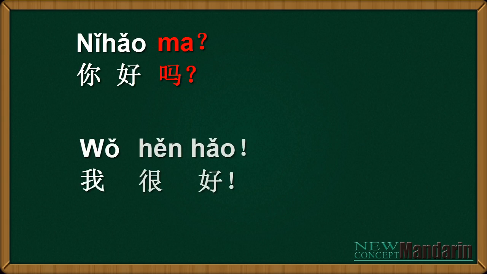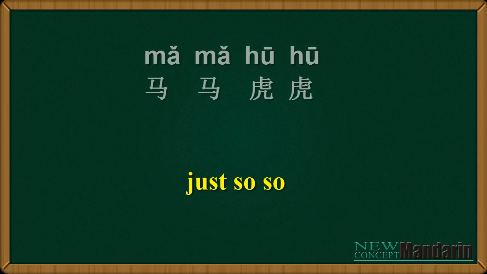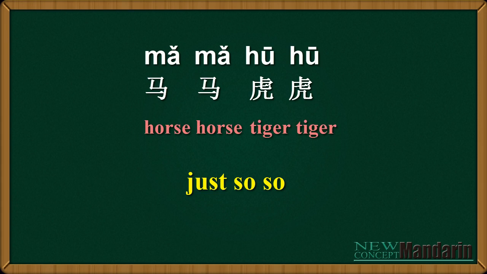For the question 你好吗, you can respond 我很好 or 不好. Can we have the third choice, just so-so? Yes, of course. Actually, this is one of our students' favorite phrases, 马马虎虎. Literally, it means horse, horse, tiger, tiger. Half horse, half tiger, so it's just a so-so.